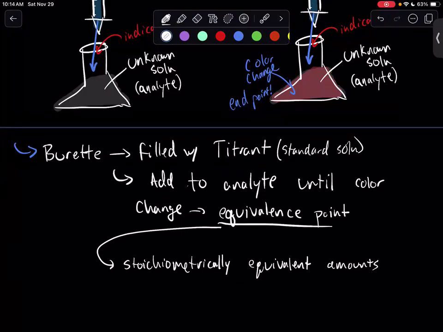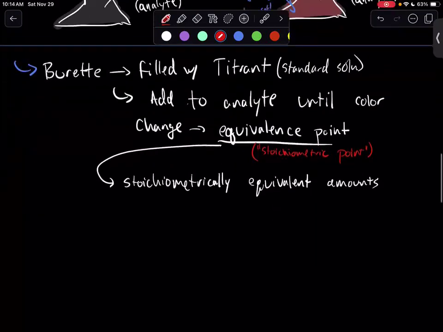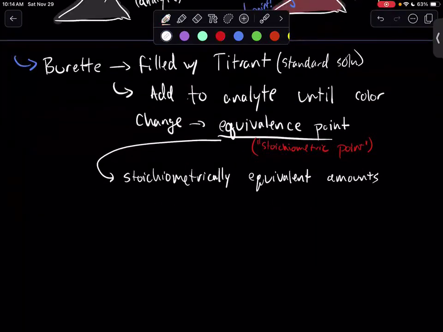This is also why our equivalence point is often referred to as the stoichiometric point. Whoops, forgetting how to spell stoichiometric. Stoichiometric point. So we often refer to that. And that is how we can then figure out our titration is done.